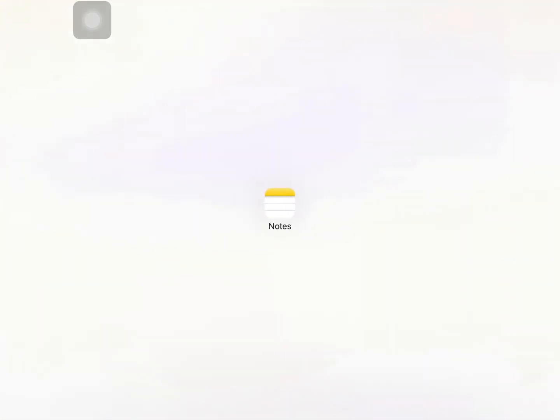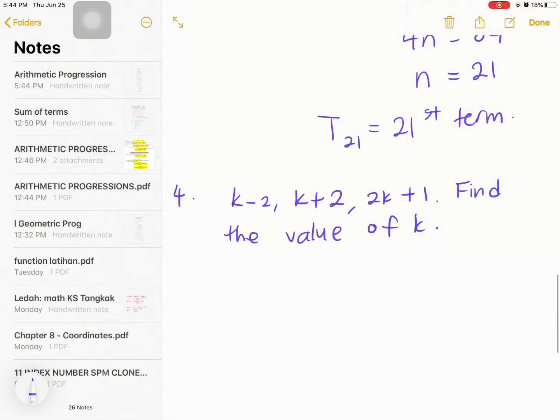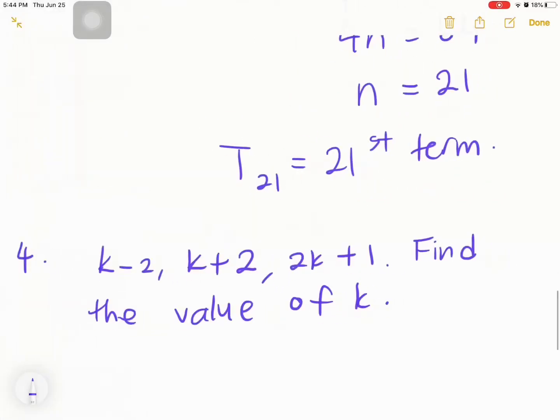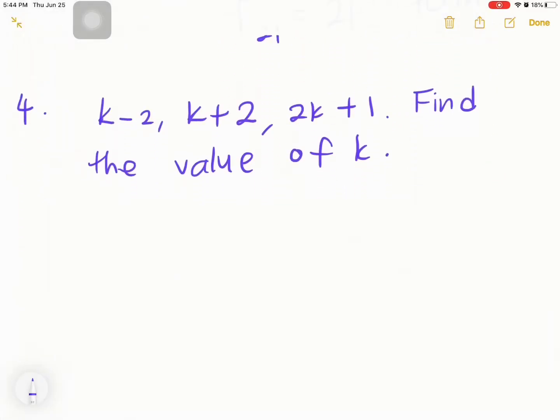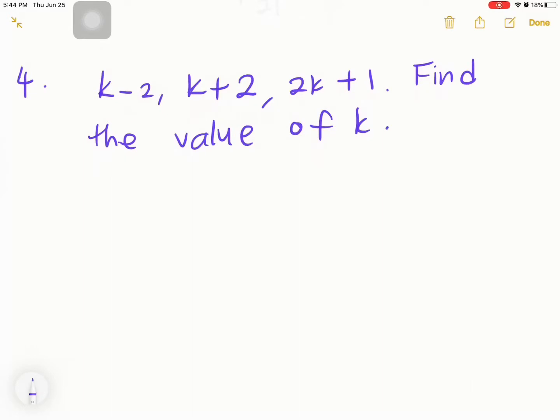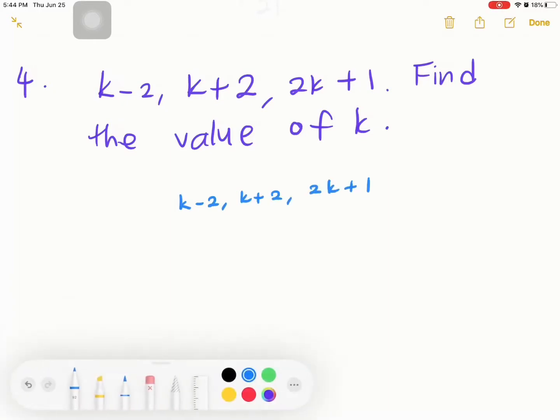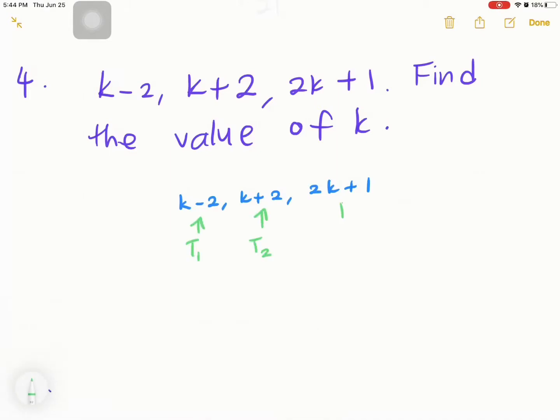Let's find the value of k. Now we know that if these terms are k minus 2, k plus 2, and 2k plus 1, this is actually T1, T2, and T3.